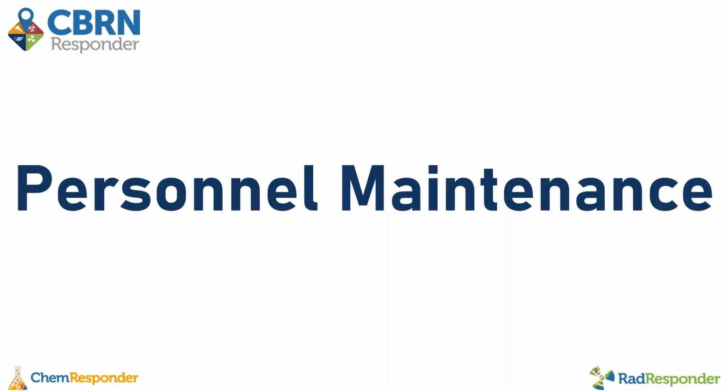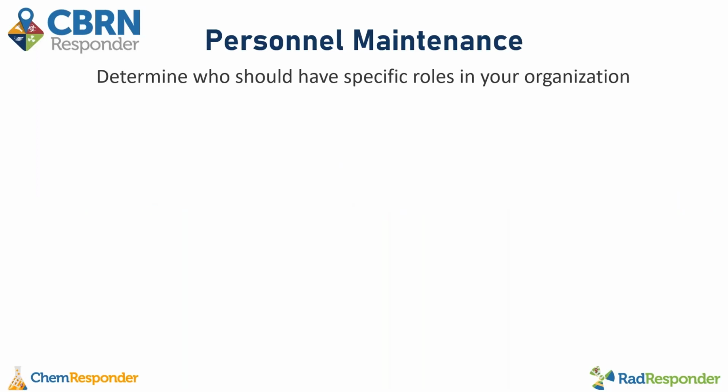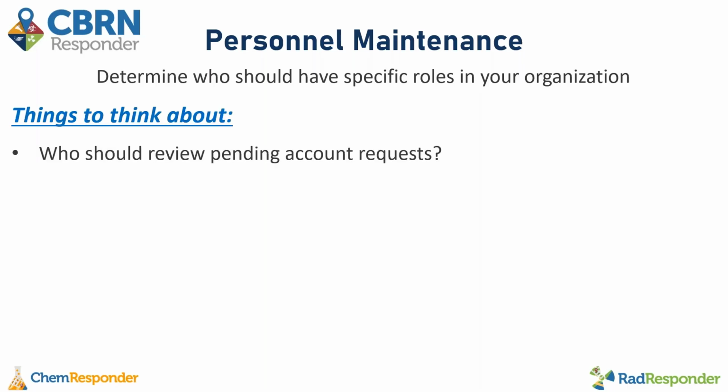The next best practice for an organization admin would be to maintain their personnel list. You want to determine who should have specific roles in your organization, and who should be responsible for managing specific tasks. Some specific points to think about: who should review pending account requests?